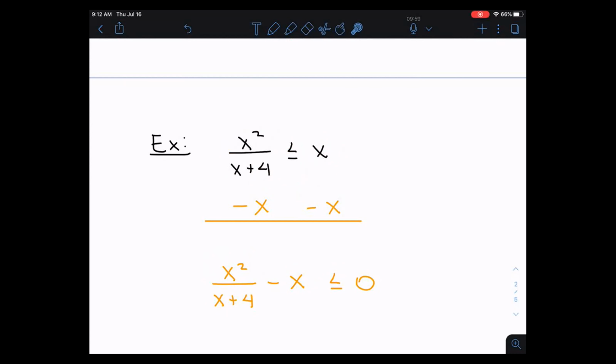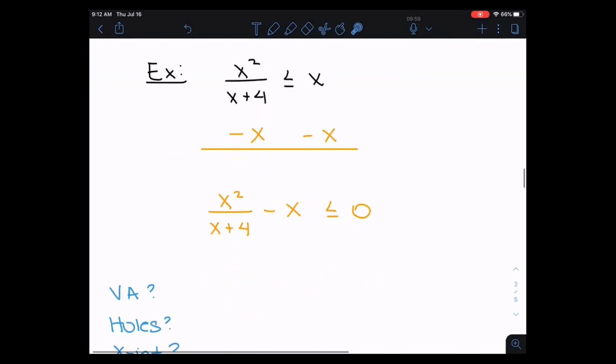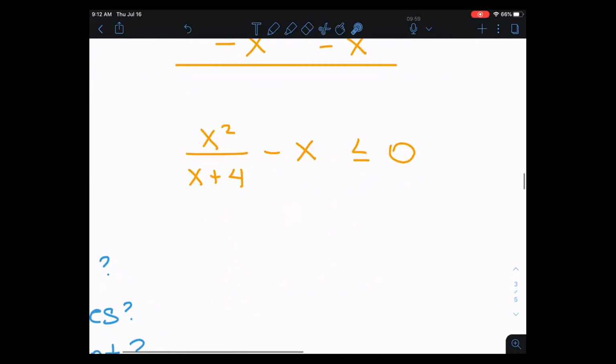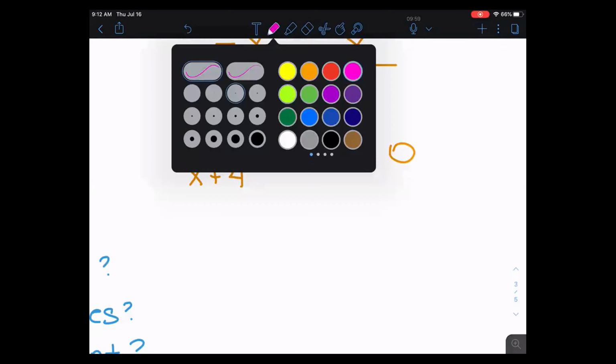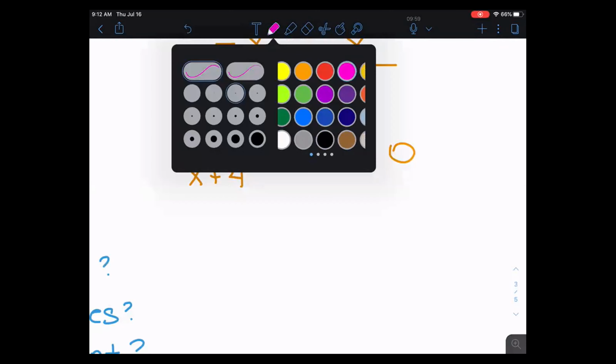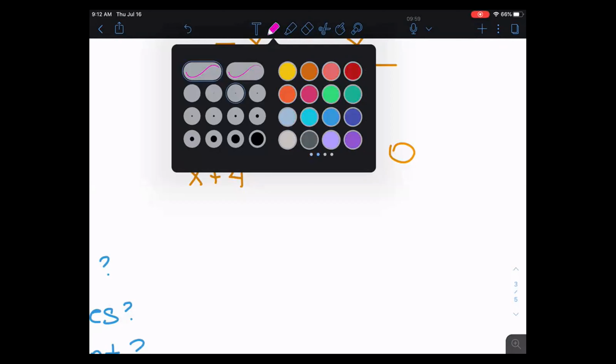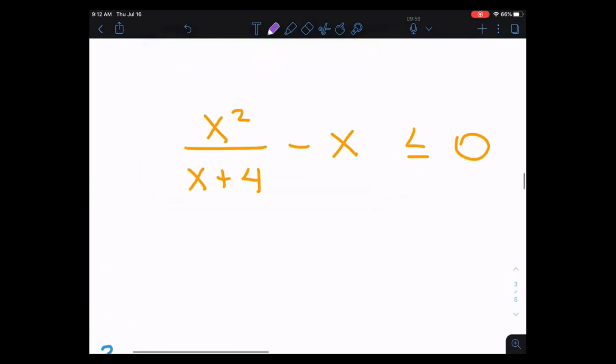But let's combine these so it's easier for us to find the x-intercepts, y-intercepts, and vertical asymptotes. Let's pick purple. We're going to write this over 1.